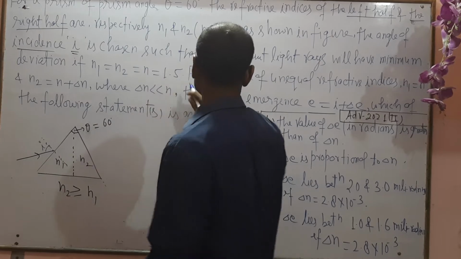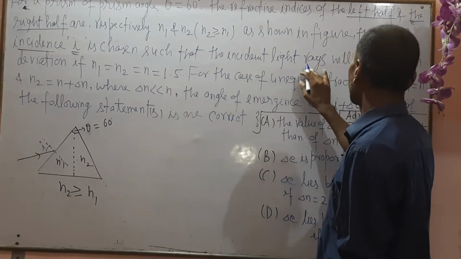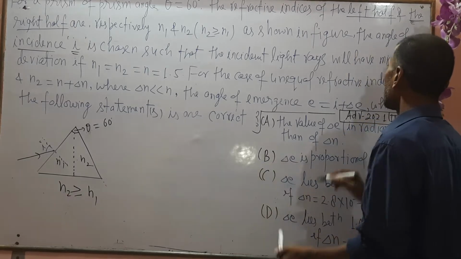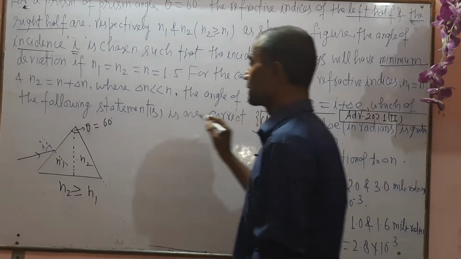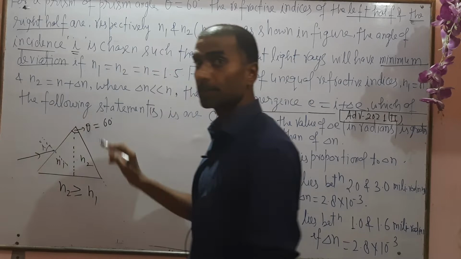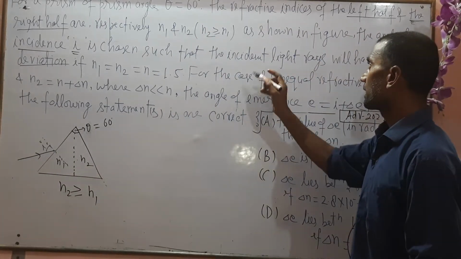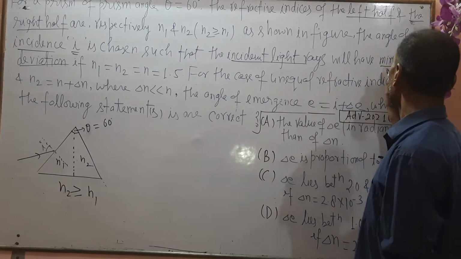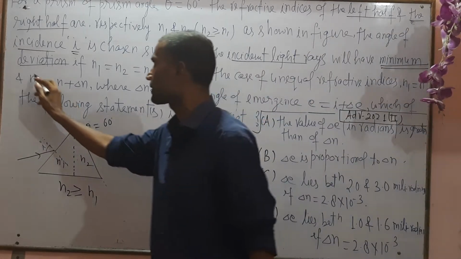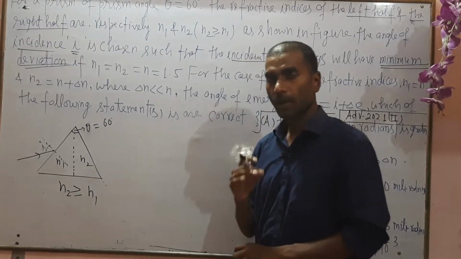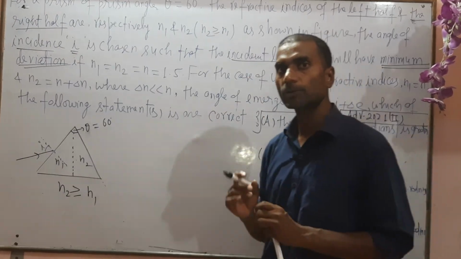Another thing given is that the incident ray will be at minimum deviation. The question says the light ray is incident such that the deviation is minimum. After some time I will tell you about minimum deviation.